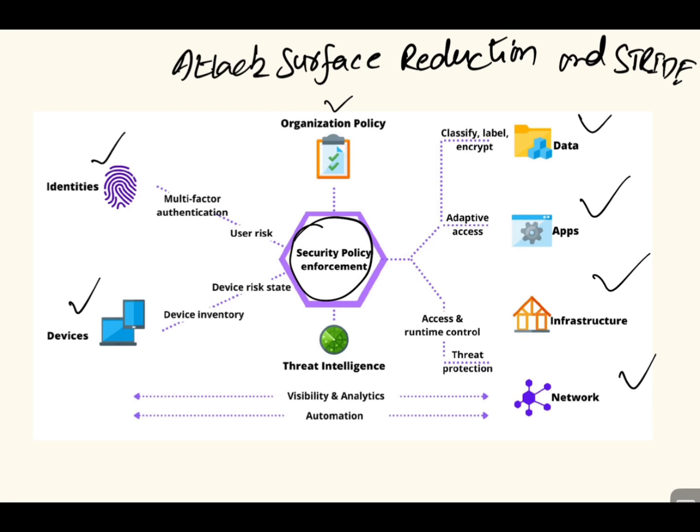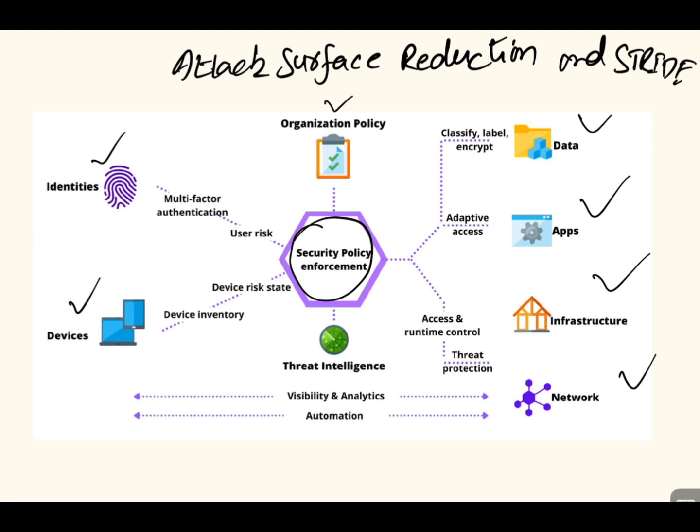Data. For instance, if we want to protect against information disclosure, classification is very important. We need to classify the data, whether it is confidential, internal, or public, and encrypt it. Label sensitive data. Apps: protect against elevation of privilege.